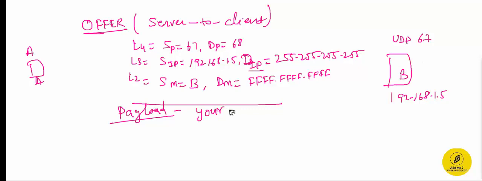That is the your IP field, and it will put that IP there, maybe 192.168.1.110. Along with the IP, the DHCP server will also provide the subnet mask, the default gateway, and the DNS server that needs to be configured on the client, right? It also adds the client's MAC address in the payload so that the client can verify that this packet was destined for it.